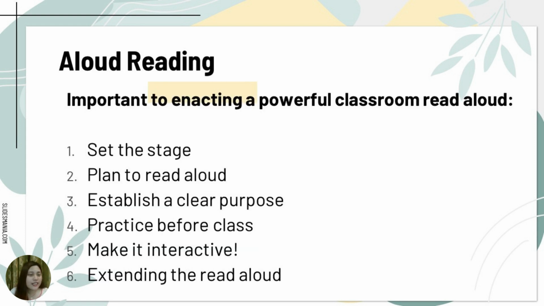So, in reading aloud, there are important steps to enacting a powerful classroom read aloud. There are six aloud reading steps. First, we have set the stage. There is an artfulness to a good read aloud, so setting the stage is important.